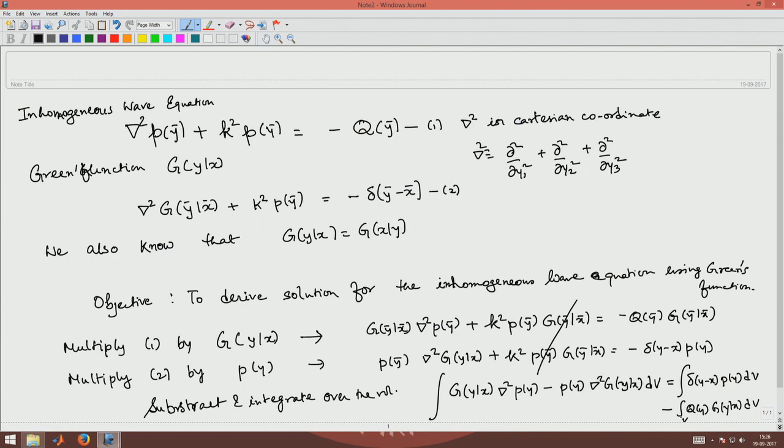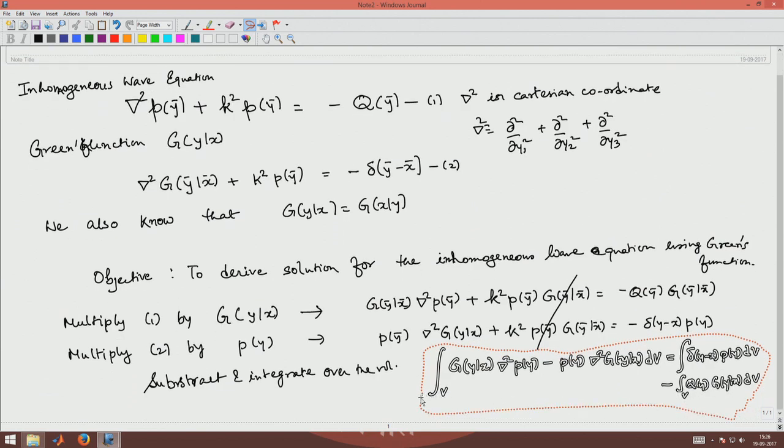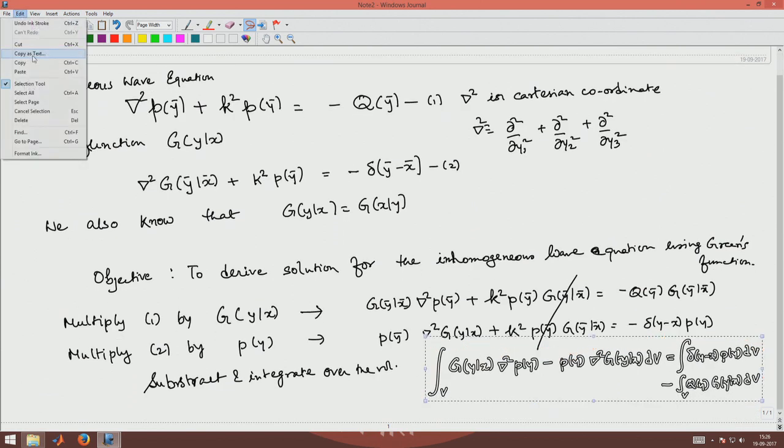This is just an elementary calculation, but we will make some further simplification, which is why I will copy and paste this final form of the derivation on the next page.